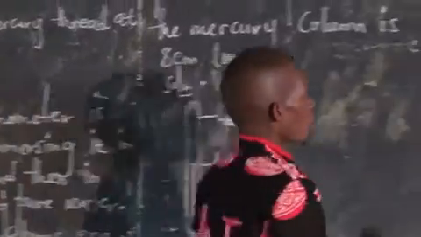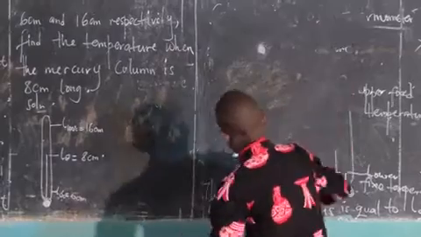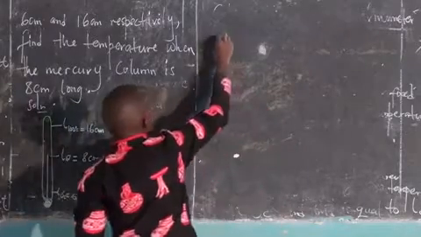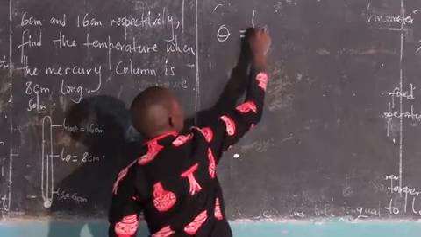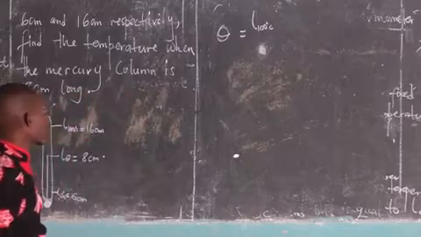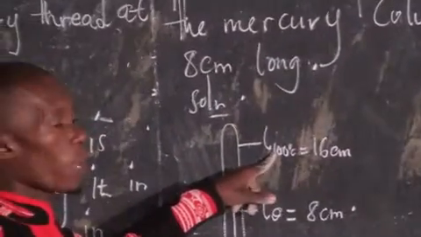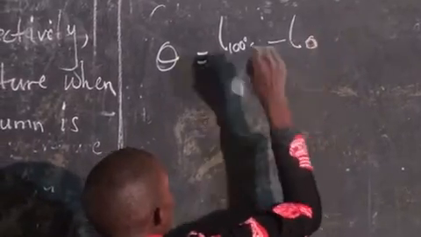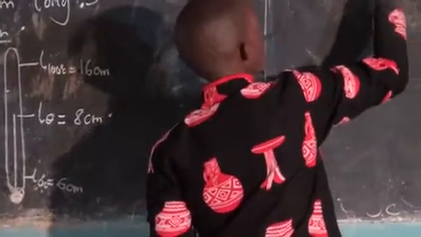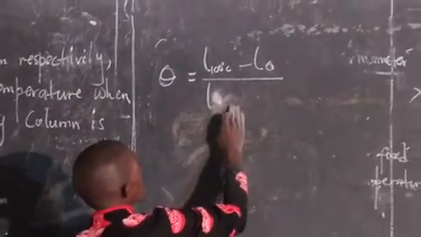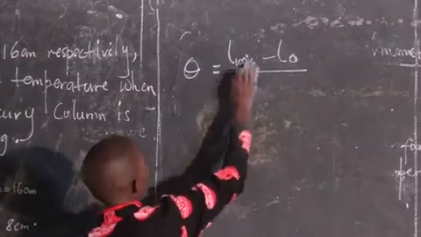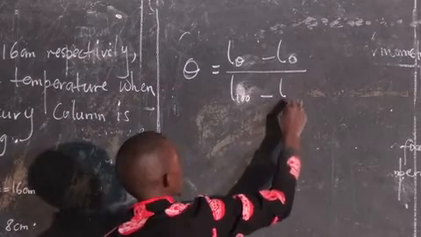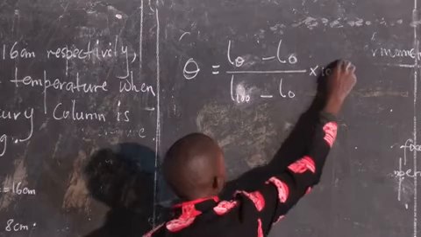So, what do we do there? We say theta is equal to L theta minus L naught, divided by L100 minus L naught, times 100 degrees Celsius.